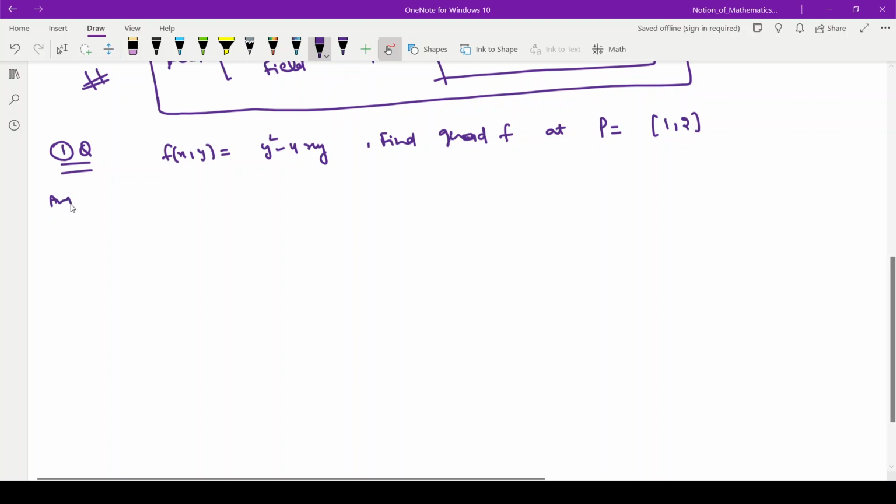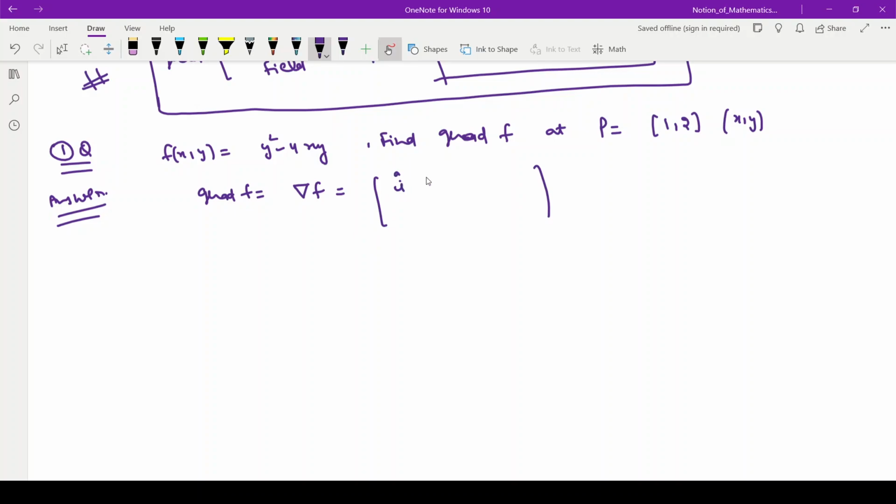So how to solve this particular question? As we know now, the gradient of f is del of f. It is in two dimensions, that is why the point is given in x and y. So what is the formula?